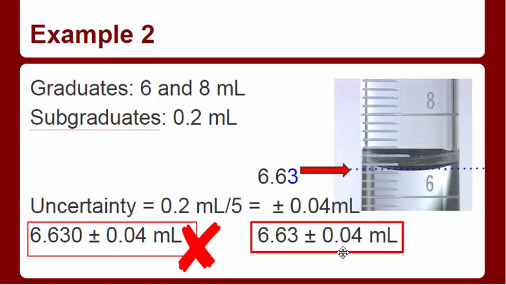But if both of us read this graduated cylinder, you might say, I don't think it's 6.63. I think it's 6.65. Or you might say it's 6.62. But those are all okay because we're still within plus or minus 0.04 of each other. Exactly. So we're still in that range. So basically it's telling you what range is an acceptable value.